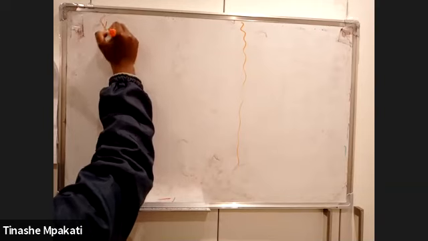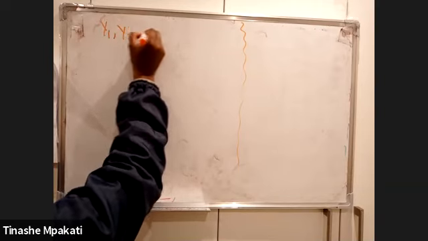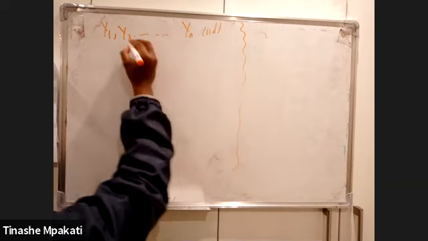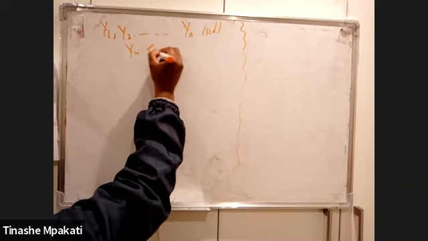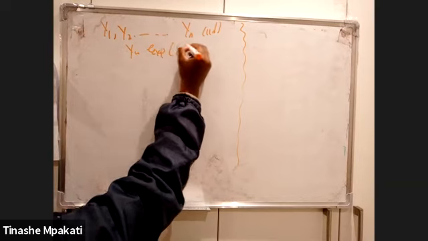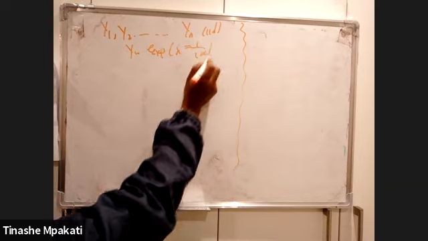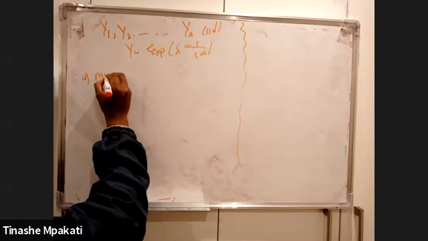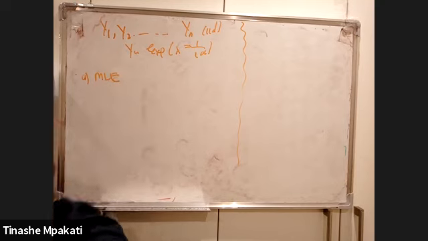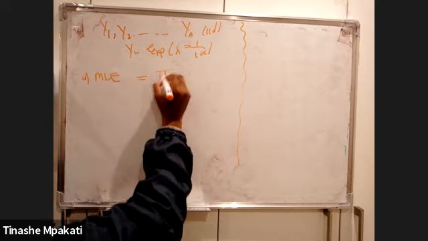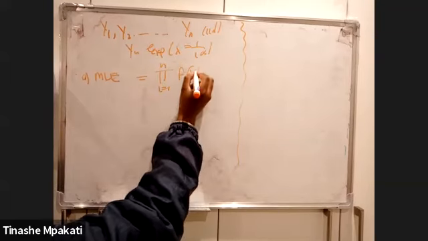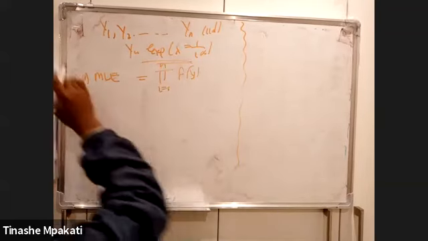You've got your y1, y2, until yn, and this is IID, right? You are told your y has an exponential distribution with lambda equal to 1 over alpha, like that. Then the first question will ask you to find the maximum likelihood estimate. By now, we know that this is the product from i equal to 1 to n of your f of y, which you can find using the information that you have there.